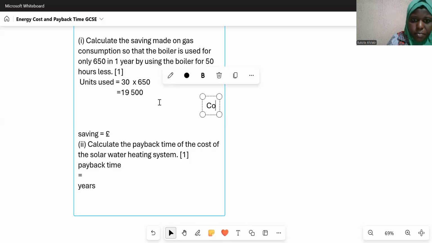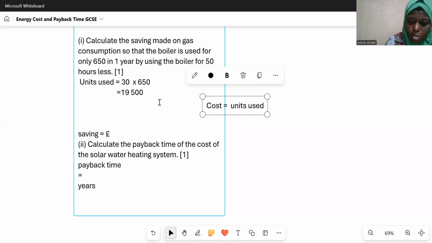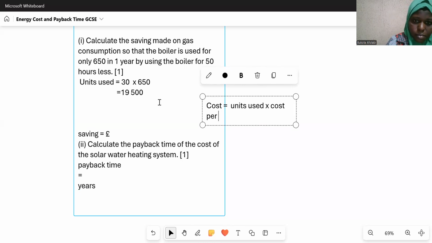Cost equals units used multiplied by the cost per unit of gas. I know I've given you this formula before.